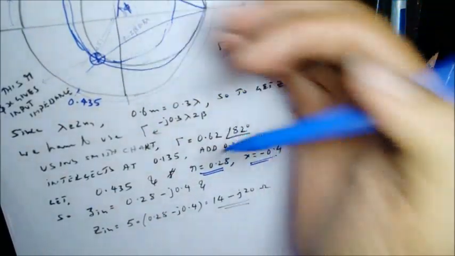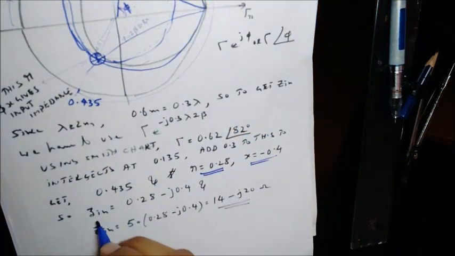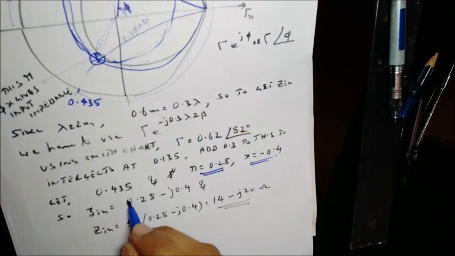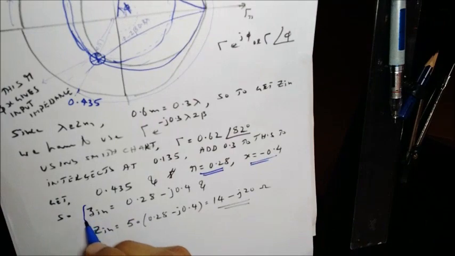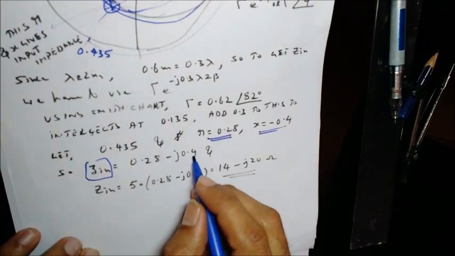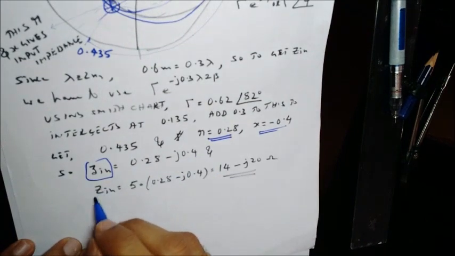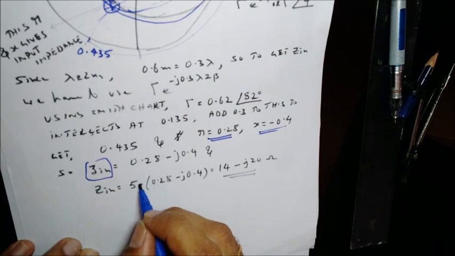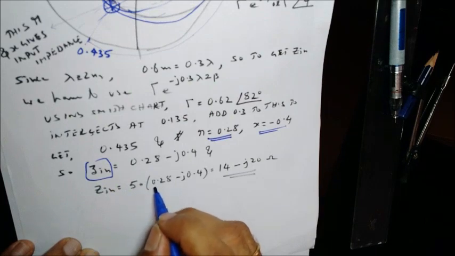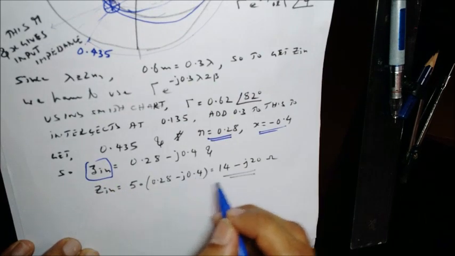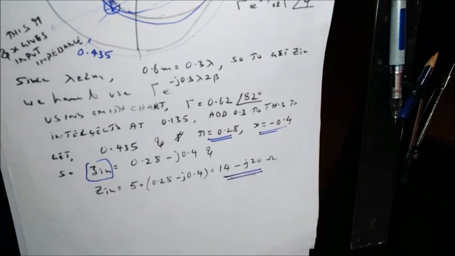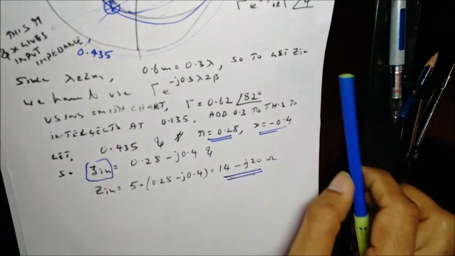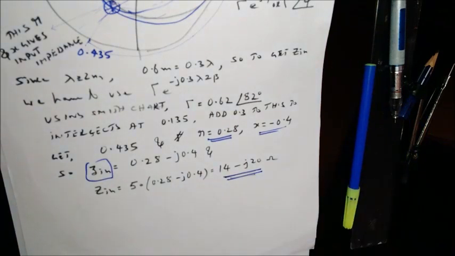So the normalized input impedance is 0.28 minus j0.4, and the actual Zin will be normalized Zin multiplied by the Z0 of the line, which is 50 ohms. So 50 into 0.28 minus j0.4 ends up getting 14 minus j20 ohms.